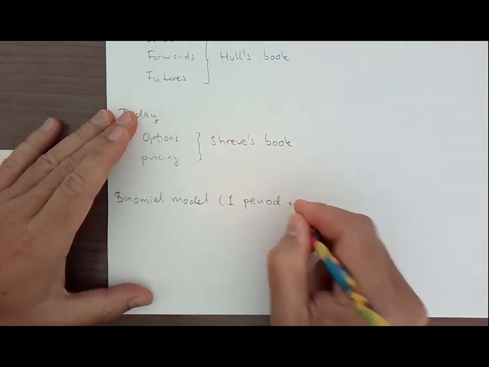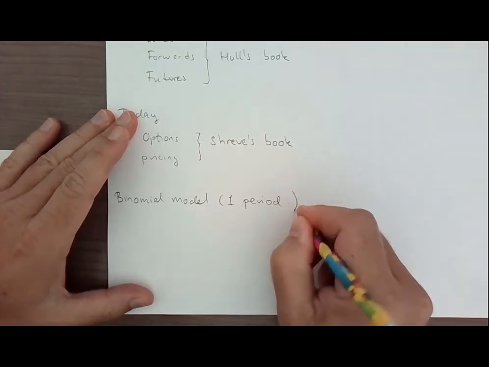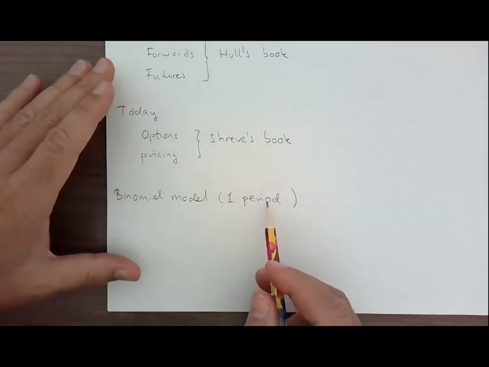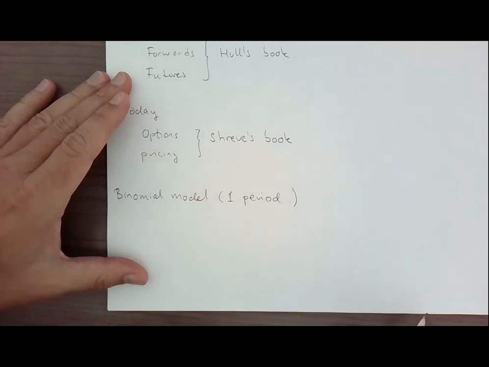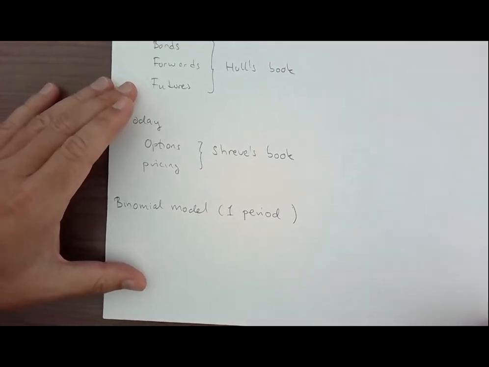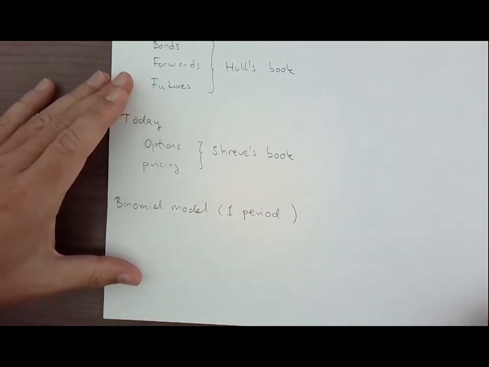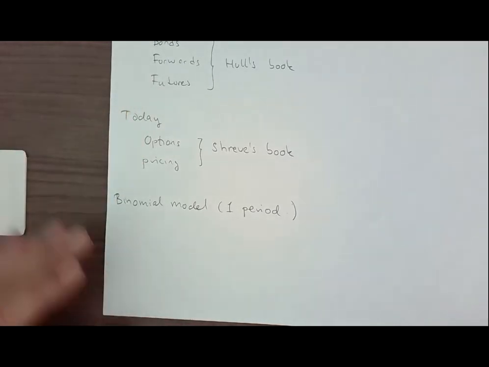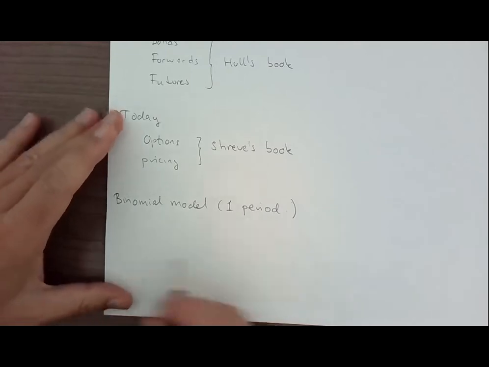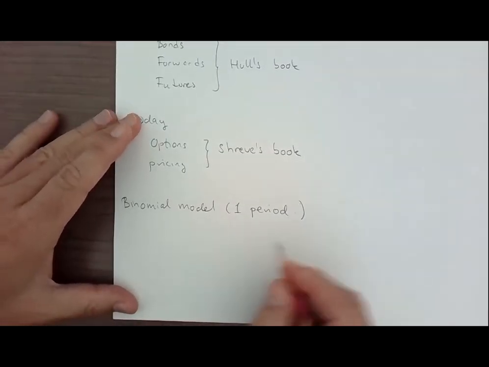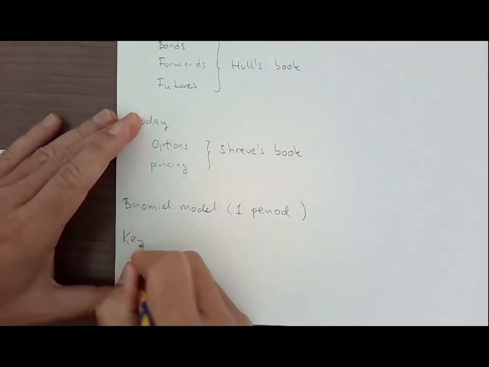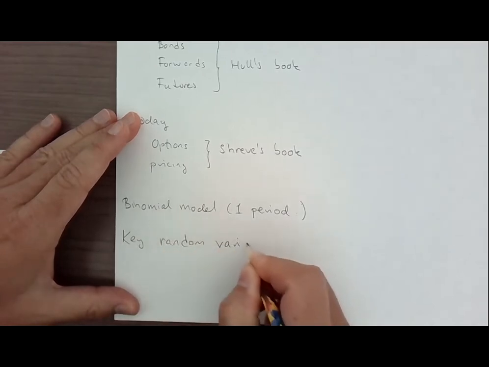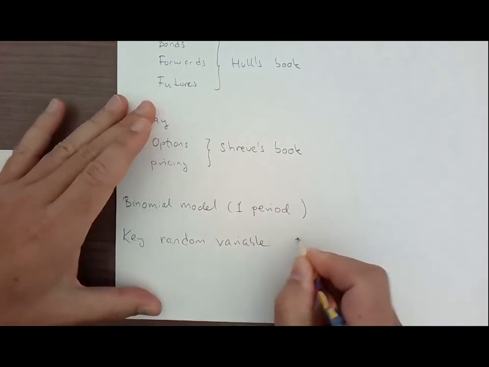We'll see multiple periods coming, and of course ultimately we're going to be doing this in continuous time, in particular in 622 and 623. So there's a random variable that controls everything. So there's a key random variable, which is denoted by psi.